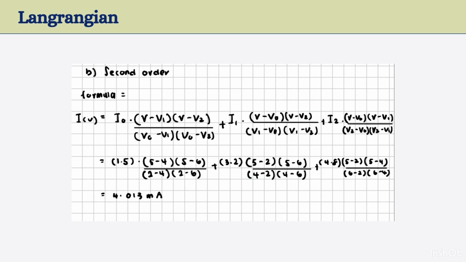For the second order, we also have a formula, and here we assume that V is equal to 5, V1 is 4, V2 is 6, and V0 is 2.